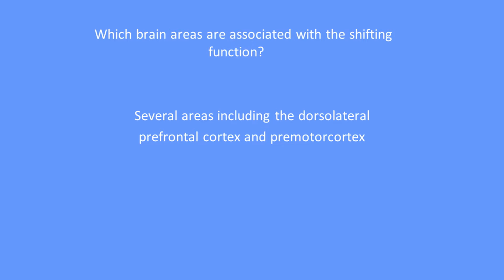We have a nice simple task, so hopefully we will see what's involved in shifting. In terms of the brain areas involved, the dorsolateral prefrontal cortex is also involved, even though it's a slightly different type of attentional control, and so is the premotor cortex.